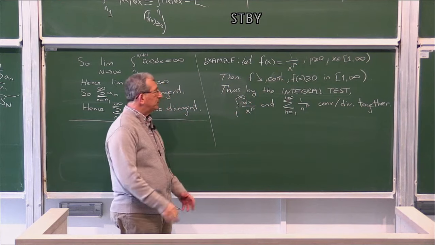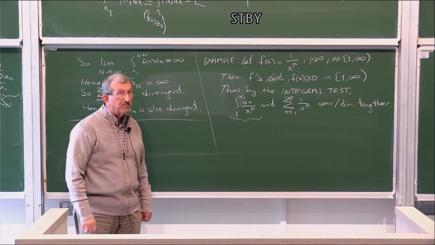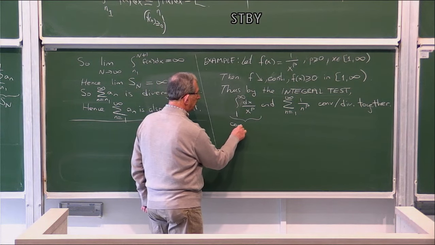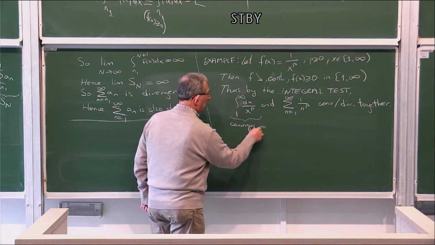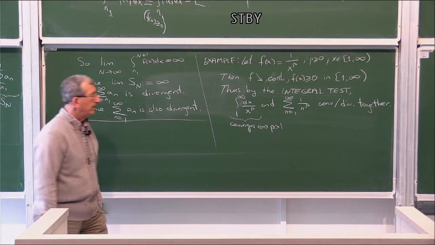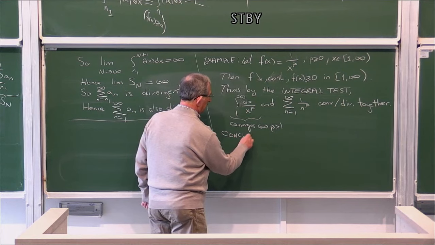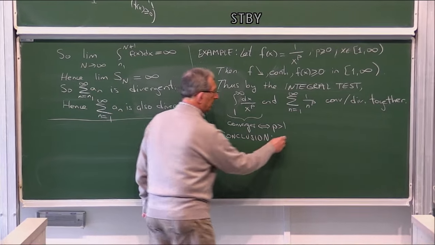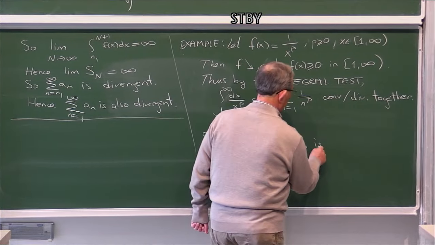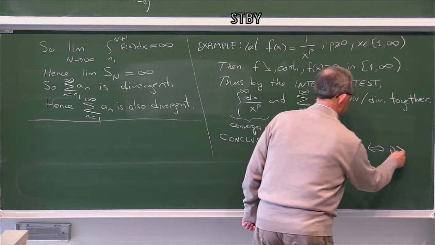But from the previous semester, we know when this type of improper integrals are convergent or divergent. Well, this converges if and only if p is bigger than 1. And so we have the following conclusion. The series is convergent if and only if p is bigger than 1.